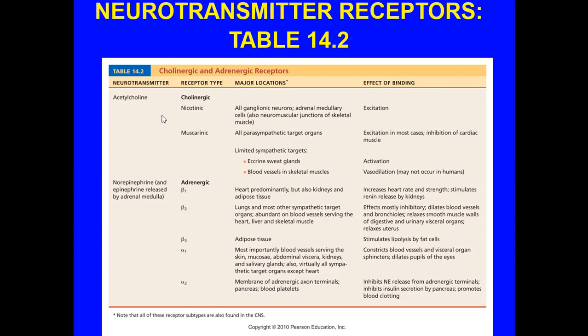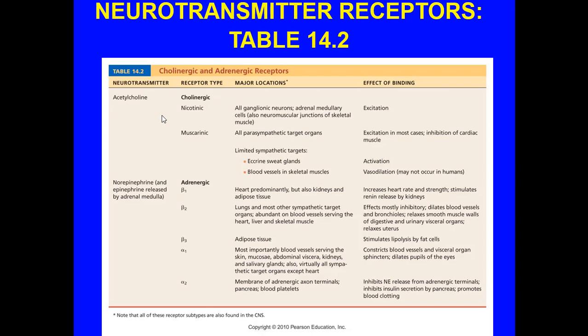So really what you want us to do is know the major locations? Yes. And these receptors. Alpha 1 is most important in blood vessels serving the skin, mucosa, abdominal viscera, kidneys, salivary glands, also virtually all sympathetic target organs except the heart. Alpha 2 is on the membrane of adrenergic axon terminals, pancreas, and blood platelets.